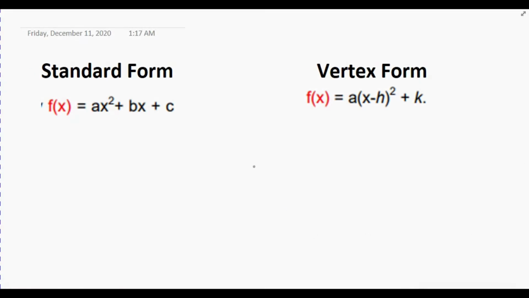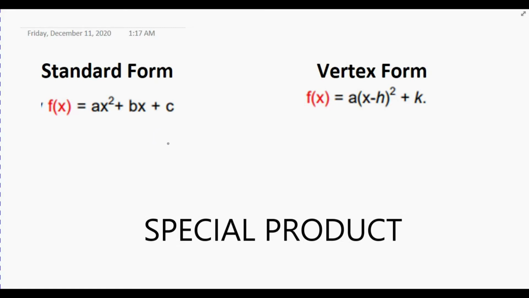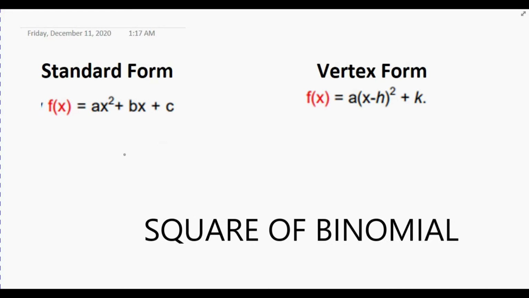Okay, before we proceed to the derivation of the vertex form from the standard form, let us remember first the special products. One of the special products is the square of a binomial.